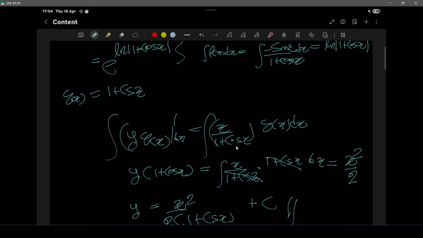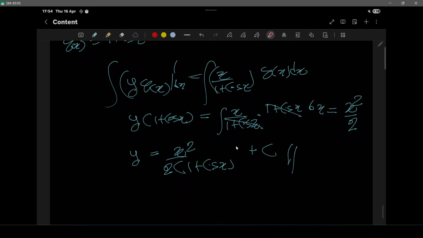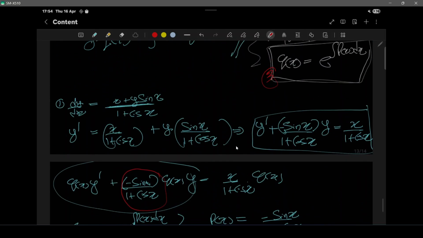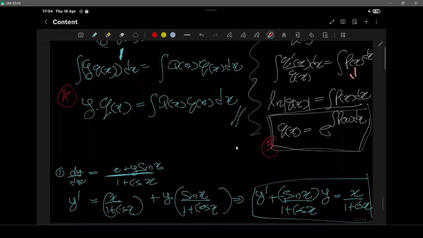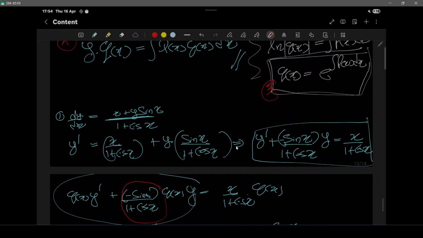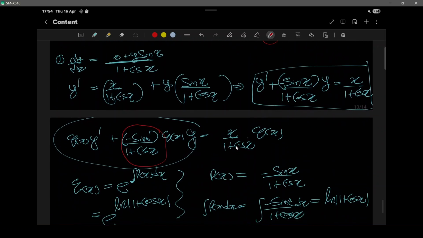Don't forget to put the constant here, okay? Now you can understand why we don't put a constant earlier, because if after this integration and this integration there are constants, we can say altogether there is a c dash constant here. So when you get q dash there should be some plus c dash here. By using the rules of power, it is just like k times e to the power integration of px qx.